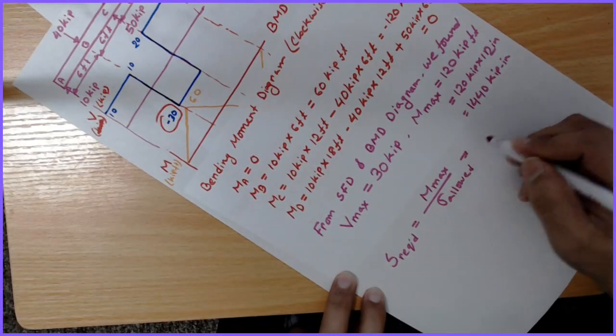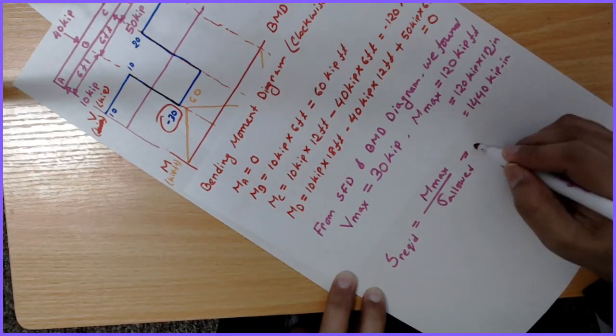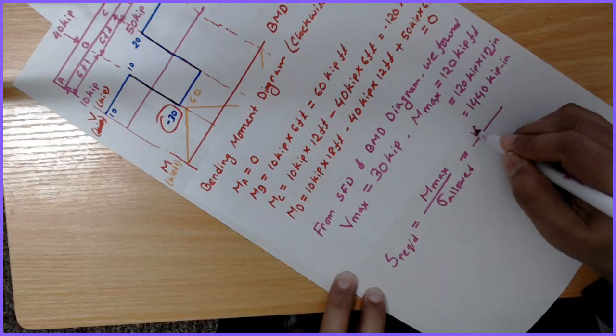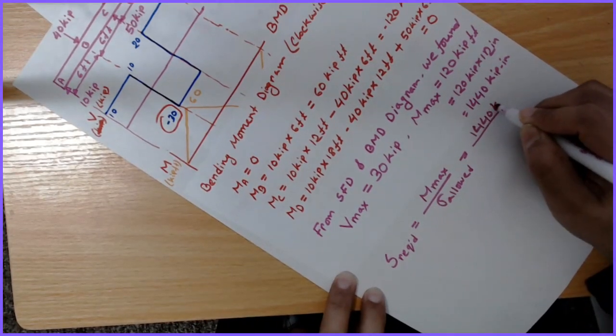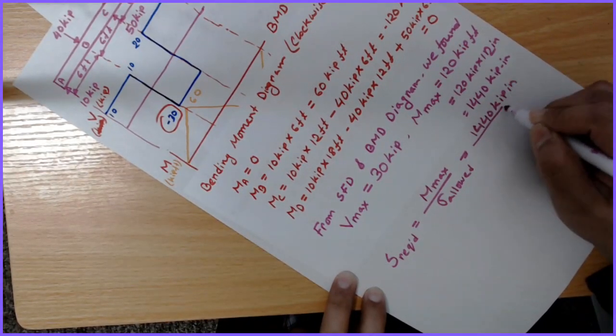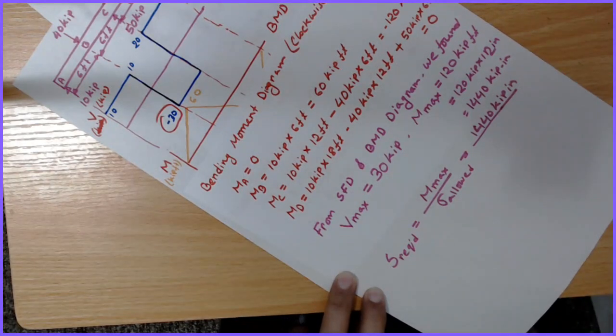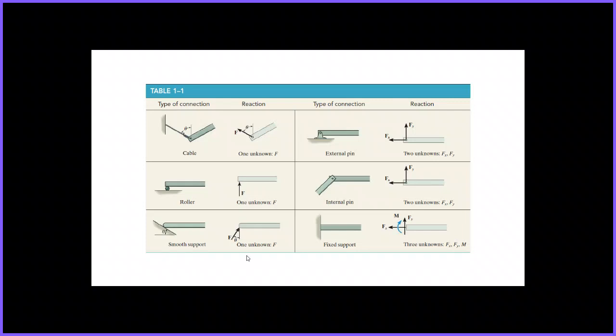So Mmax we learned is 1440 kip inch, and sigma allowed is given in our problem.